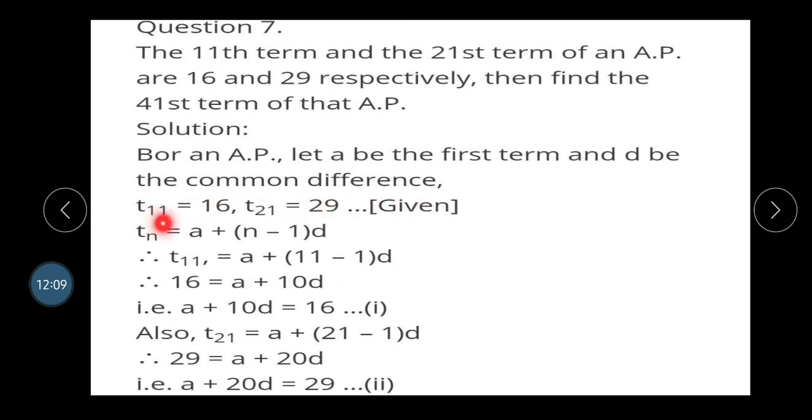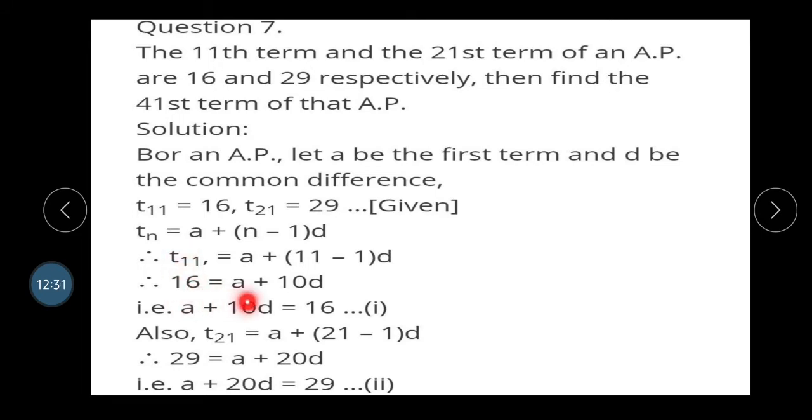So T11 equals 16 and T21 equals 29, which is given. We will write our formula Tn equals A plus n minus 1 into D. T11 equals A plus 11 minus 1 into D. Our 11th term is 16, so we are substituting that value.